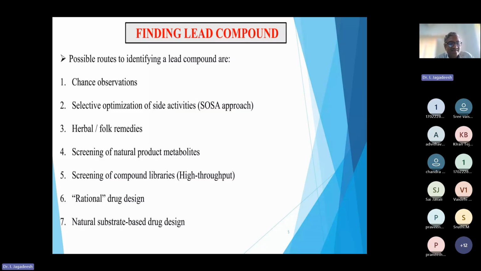The last one is the seventh route, the natural substrate based design. So we are failing on all the six routes and not able to approach, but our body has a defense mechanism and immunity, and they have intrinsic chemicals responsible for combating known diseases.